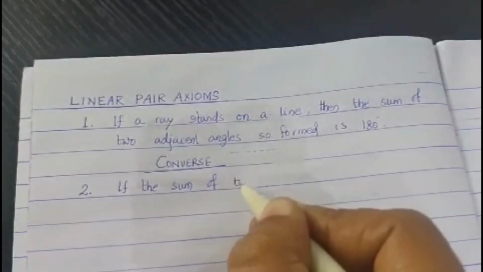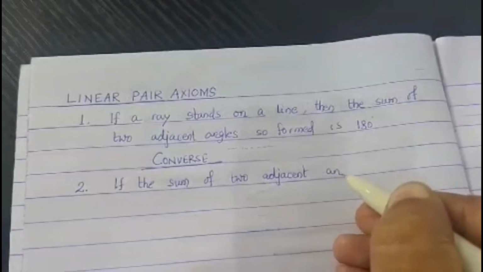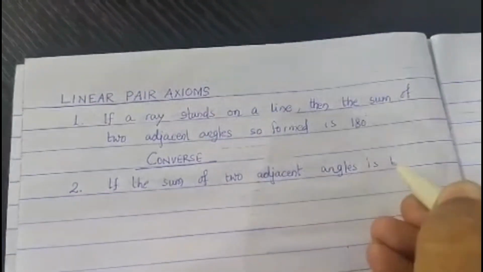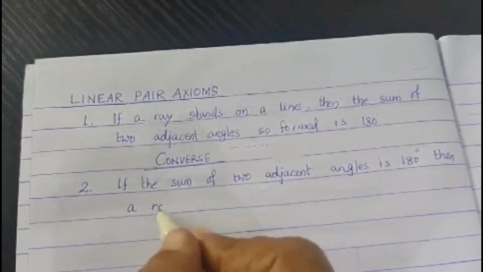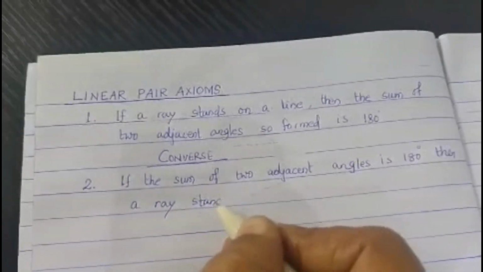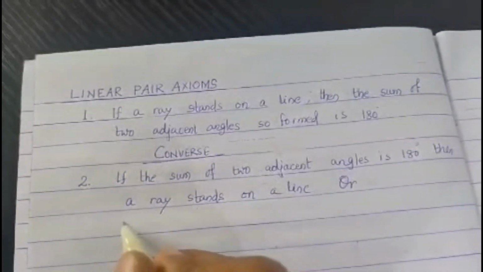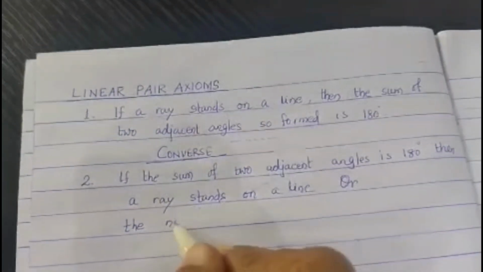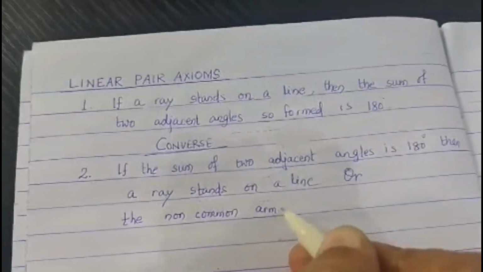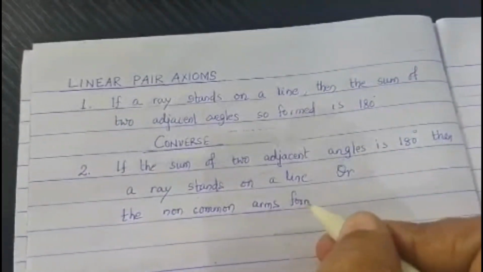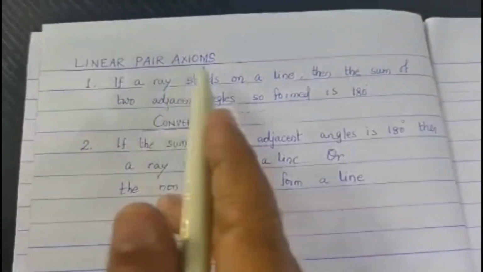Or you can say that the non-common arms form a line, which you already have studied. So basically these two axioms are called the linear pair axioms.